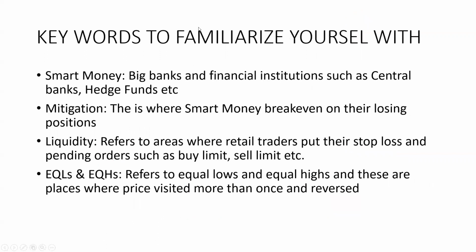So what are some of the keywords to familiarize yourself with? All right, this is what you should familiarize yourself with as we are about to begin. Smart money. Smart money means big banks and financial institutions such as central banks, hedge funds, etc. So smart money involves these big guys, all right? Big banks, not like Zanaco.